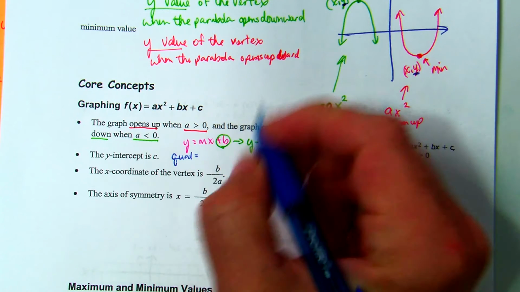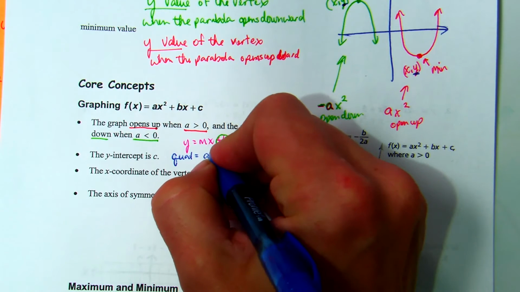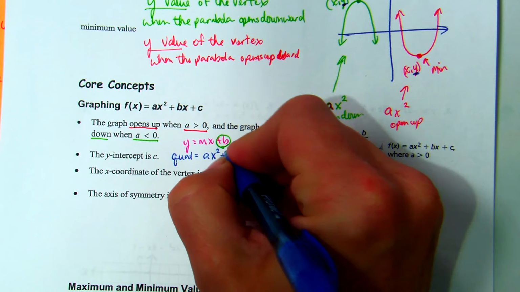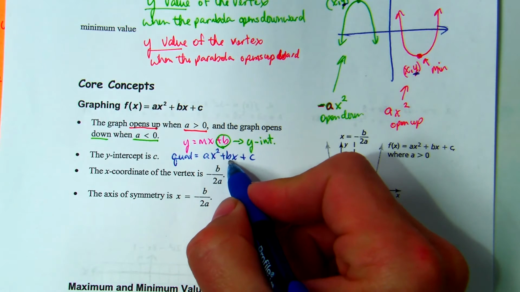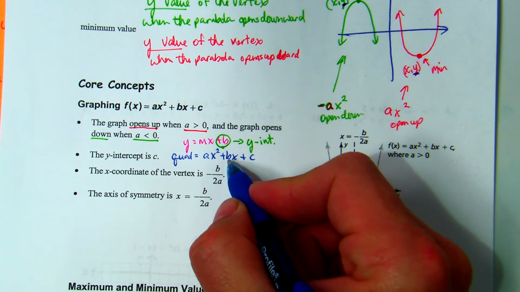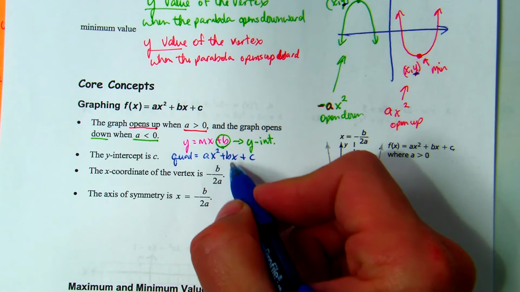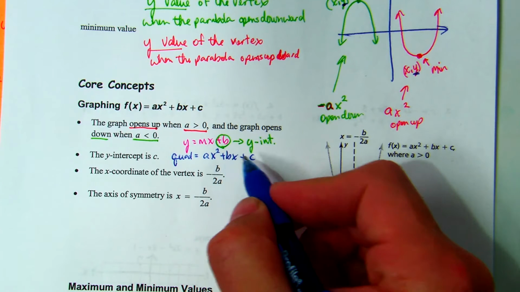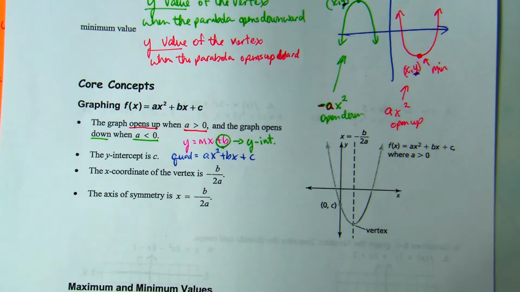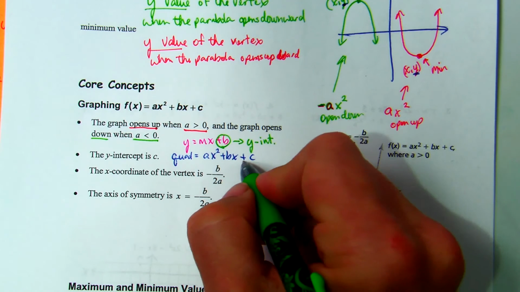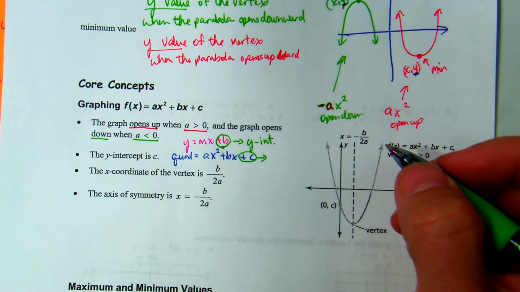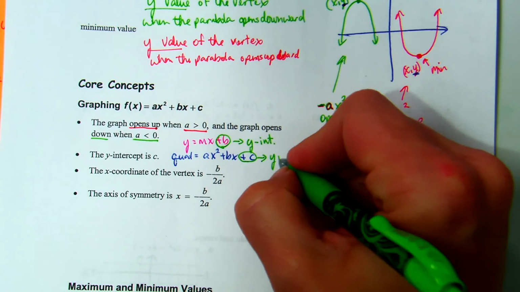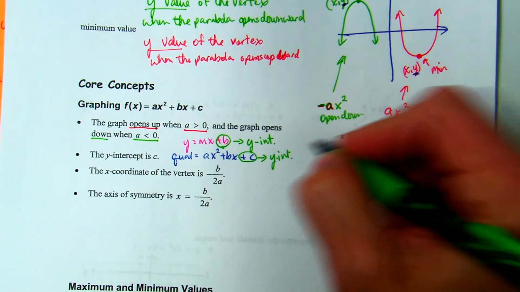When we're dealing with quadratics, a quadratic is going to be ax squared plus bx plus c. Because we had to add another term with another x, it took the place of the b. So c is now the constant that sits out on the end. But the cool thing about that c is it's still the y-intercept of the graph.